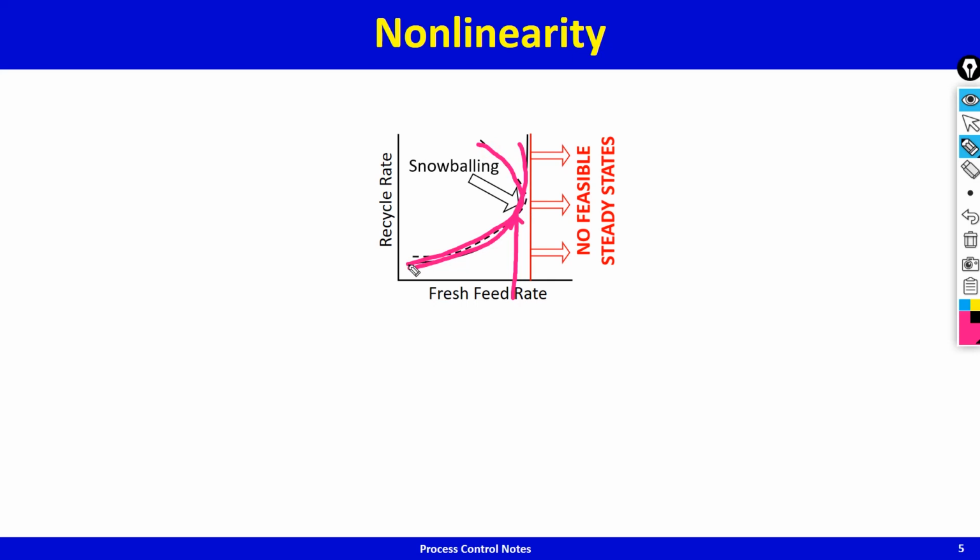They move because, for example, the catalyst deactivates. If the catalyst deactivates, this curve will move to the left hand side. As it moves, do you see that this production rate, which was previously just feasible, has now become infeasible because it is now beyond the new maximum. The new maximum has reduced. This is the problem with fixing the fresh feed rate.